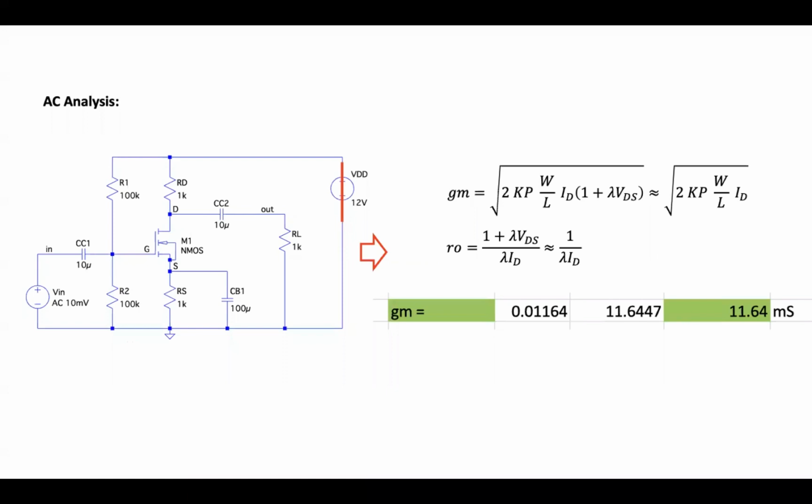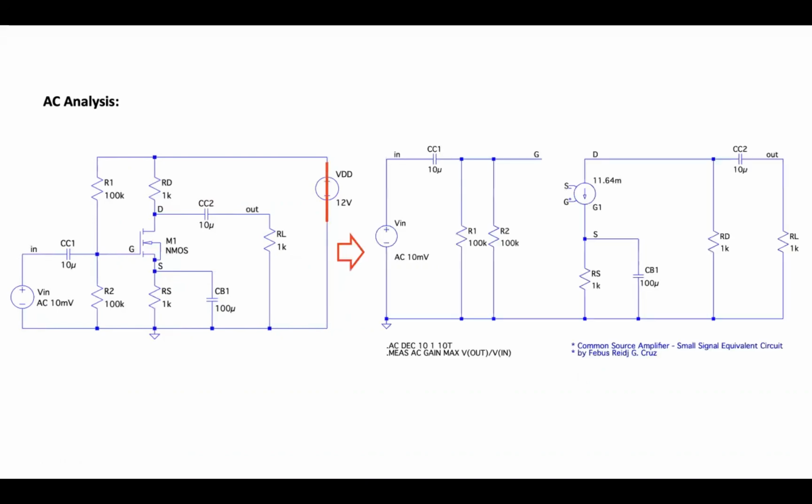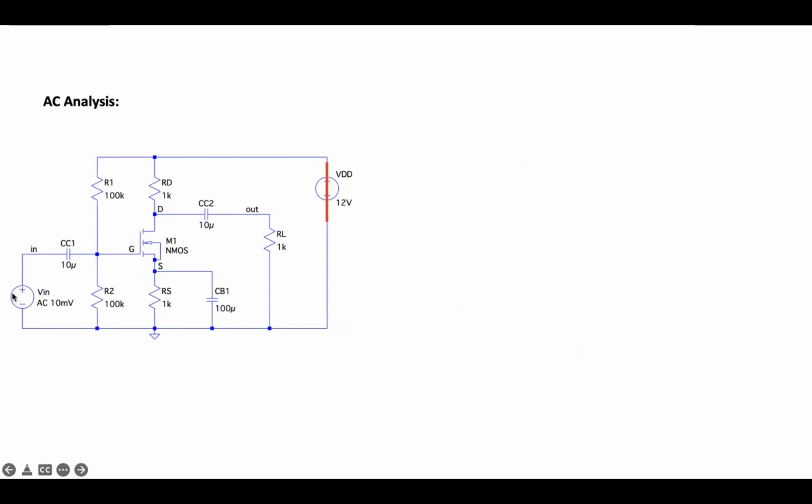So after getting the small signal parameters, we can now proceed in determining the AC equivalent circuit. At this point, again, we are going to short the DC supply and use the AC input voltage. When we consider the DC supply as shorted, the nodes of R1 and RD, or the drain resistor, will now be connected to the ground.